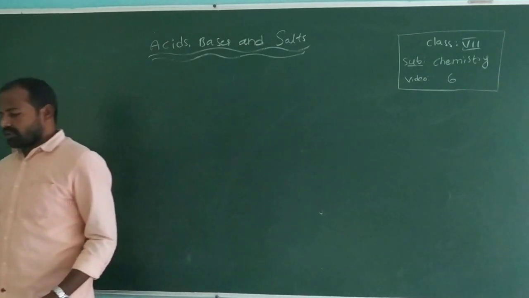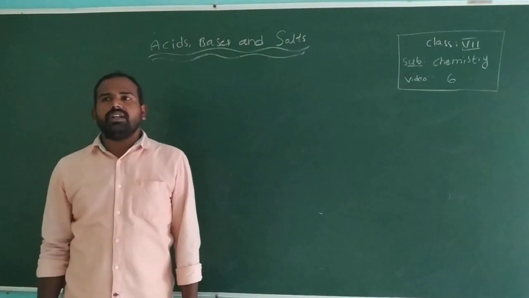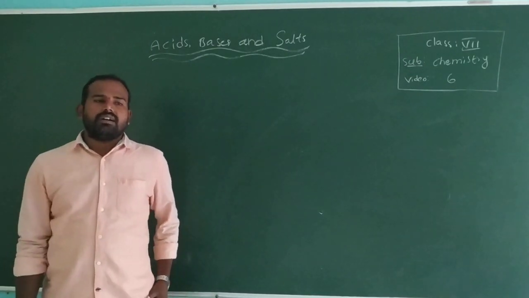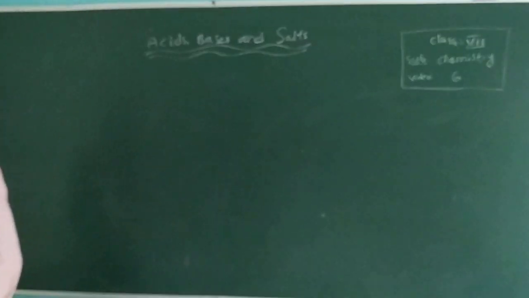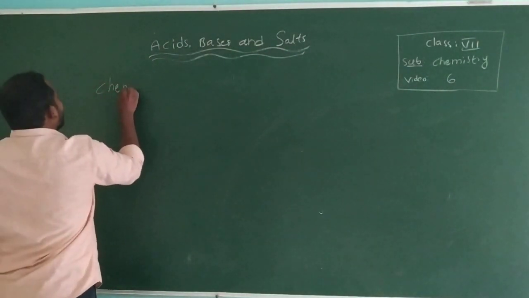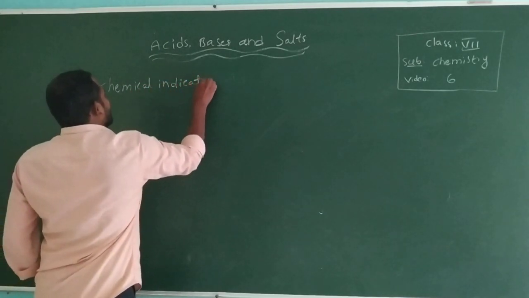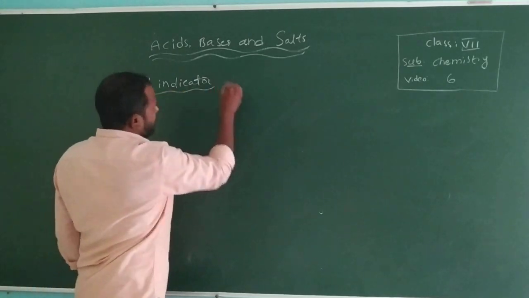Today we will discuss chemical indicators. Litmus paper is also an indicator, and turmeric is also an indicator. In addition to those, we will discuss another kind of indicator, the chemical indicators. An indicator is a substance that can indicate whether something is an acid or a base by changing its color.